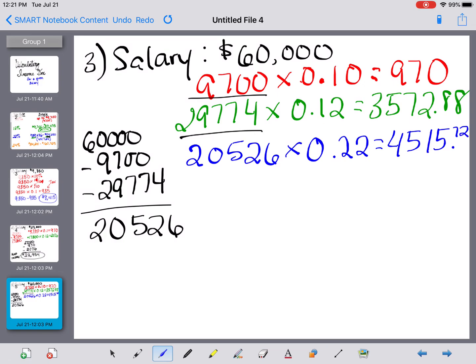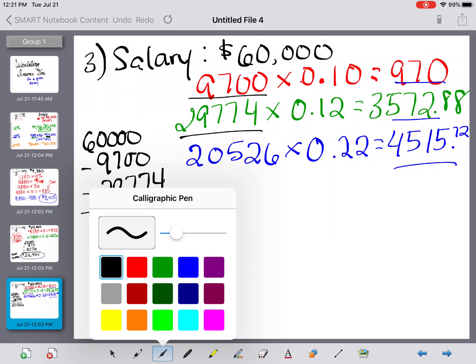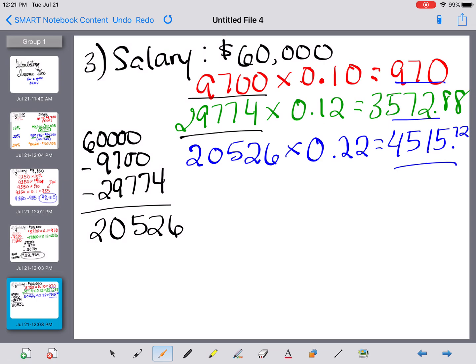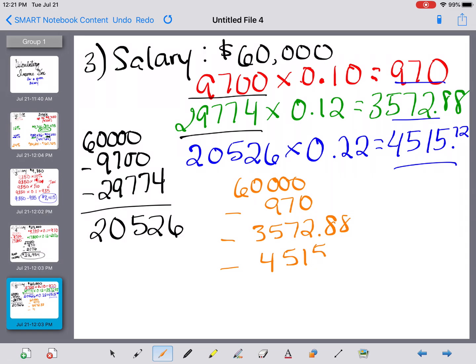Okay, now we've got it all done. We've got our three tax numbers, and we can do our subtraction from our original amount of money, our 60,000. Let's do it in a fun color. Orange is fun. So we're going to do 60,000, subtract 970, our first tax amount, subtract 3,572.88, our second tax amount, and our third tax amount was $4,515.72.